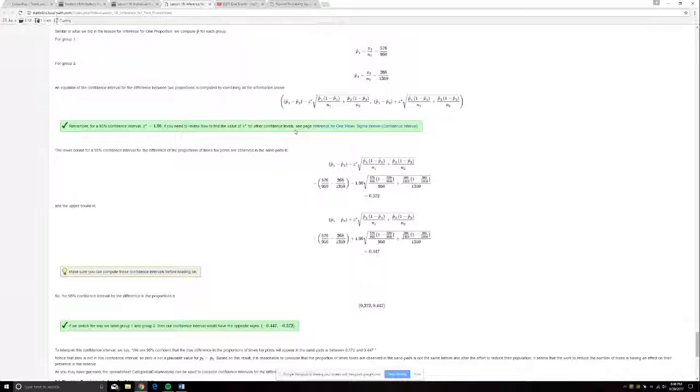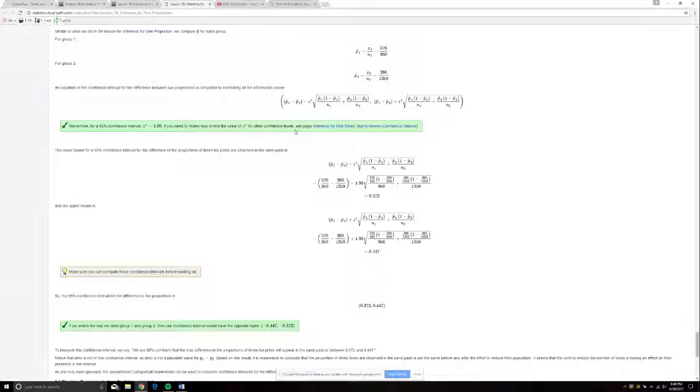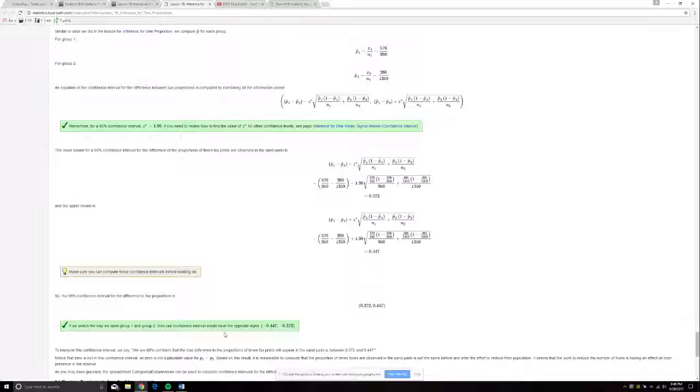The point estimate is just P1 minus P2. Okay. Did you get 0.031? Yeah, I'm pretty sure. And then the margin of error, I need to do the second part here. Yeah. And then for the upper and lower, no, margin of error is different.